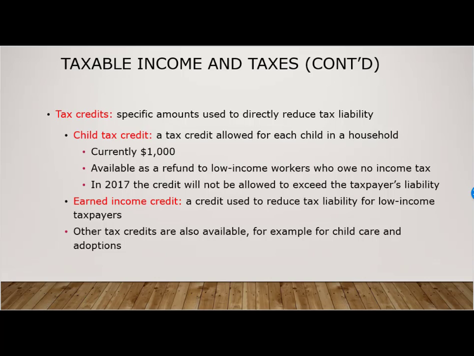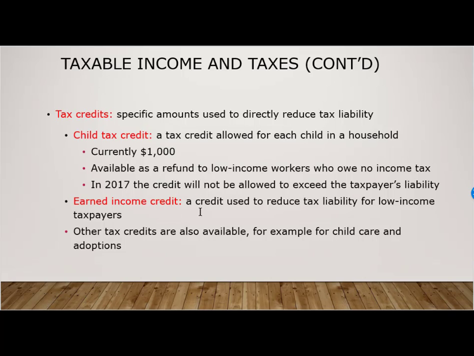So child tax credit, currently it's $1,000 per child in the household. Again, this is a refund, right, to some low-income workers who might not even owe any income tax. So in 2017, this credit's not going to be allowed to exceed your liability. So you won't be able to get more than what you paid back in taxes.